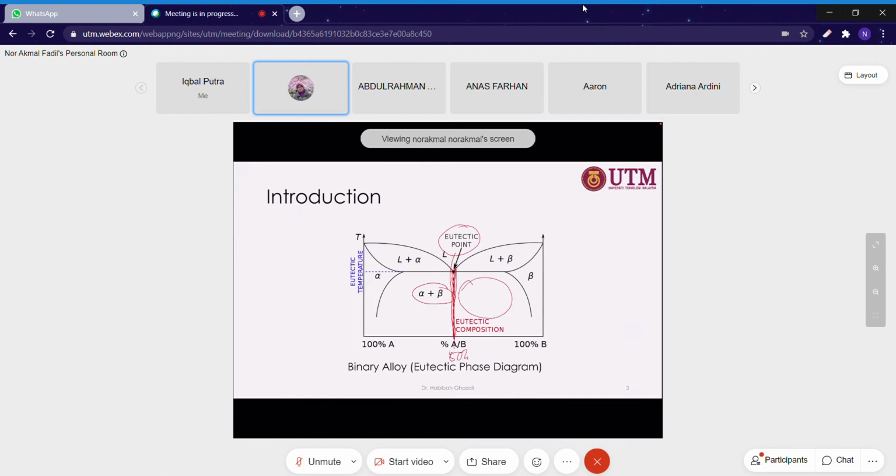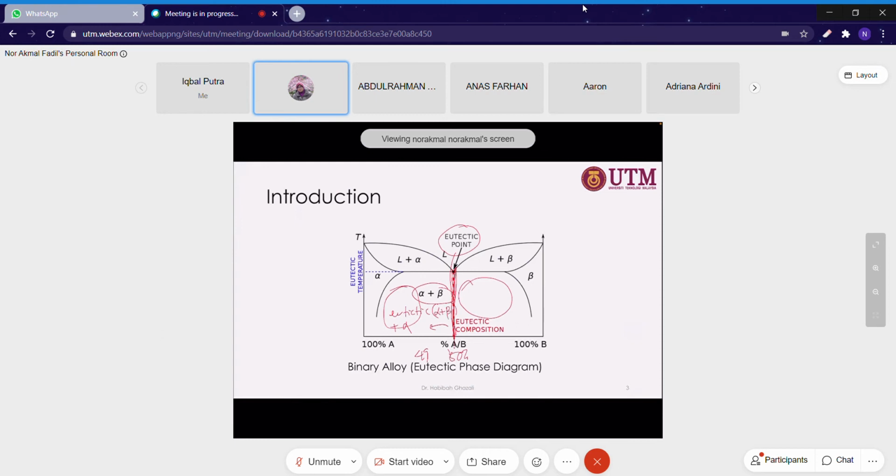And if you reduce the amount to 49%, you get this phase containing eutectic plus alpha in the form of primary alpha. Okay, what is eutectic? Eutectic structure contains lamellae of alpha plus beta.